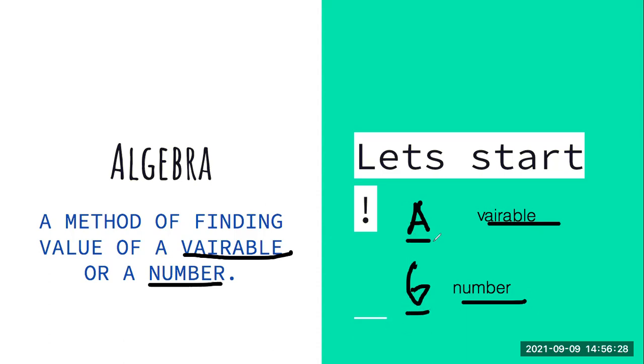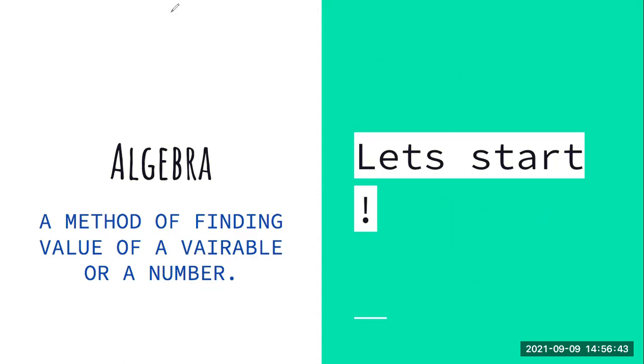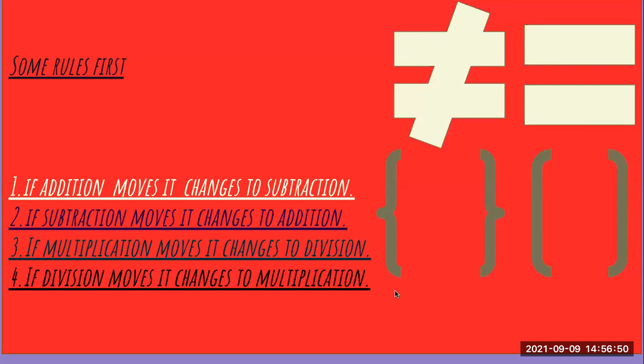A method of finding the value of A, or a number 6. Just to make you understand what A and 6 are, I wrote variable and number. So let's learn some rules first.